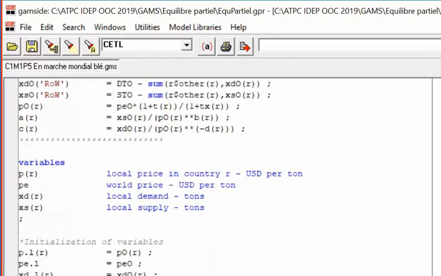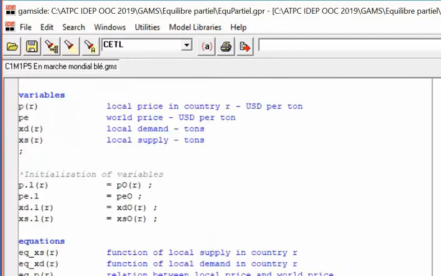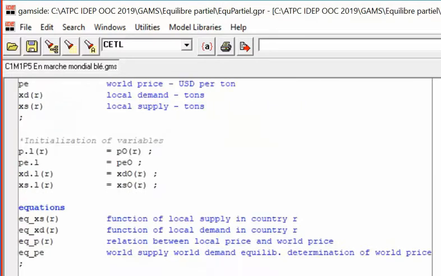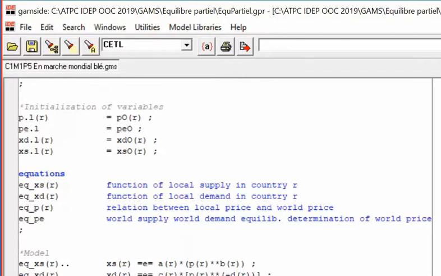Then I declare the variables and initialize the variables of the model. For example, the first equation here means that the current value of P is equal to P0.